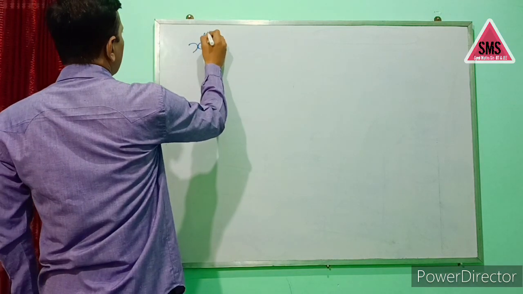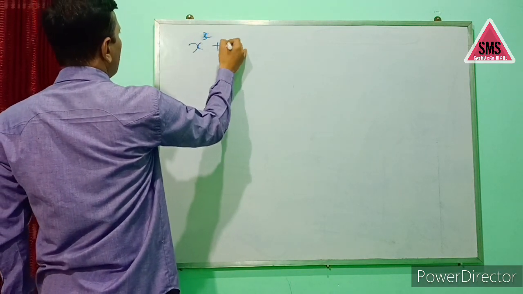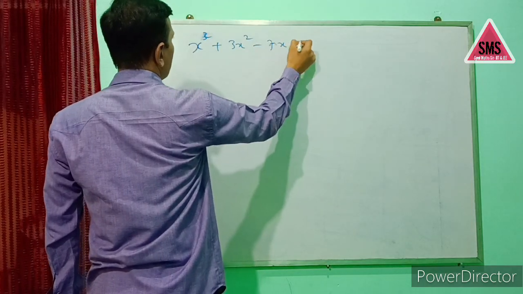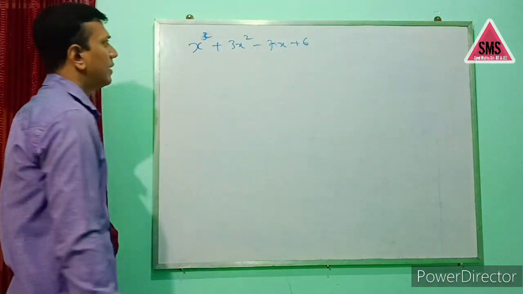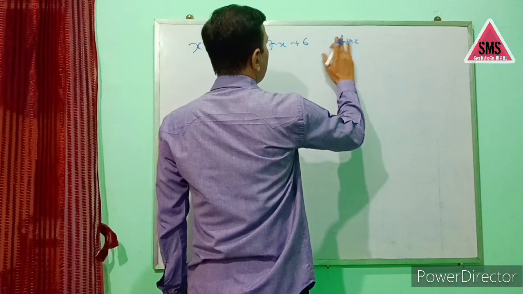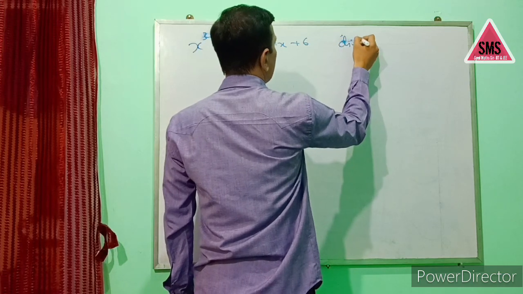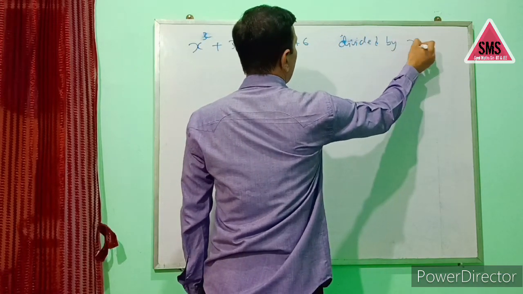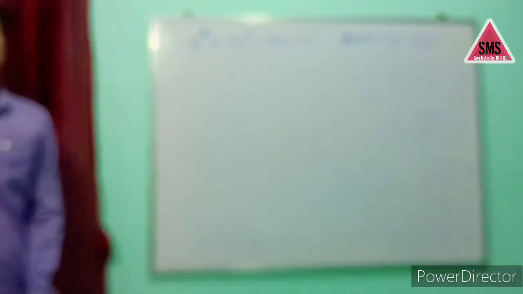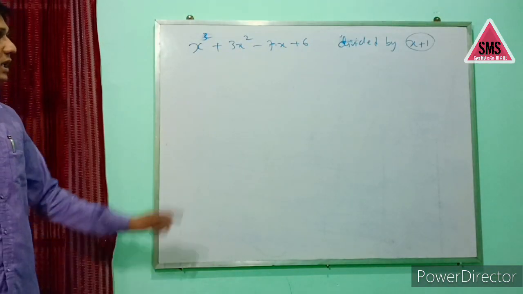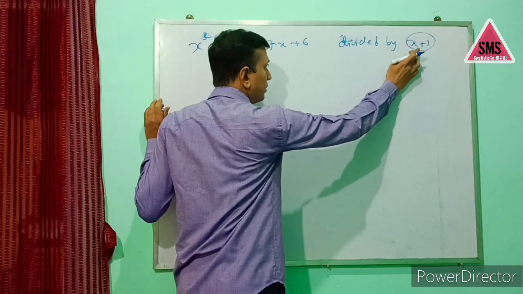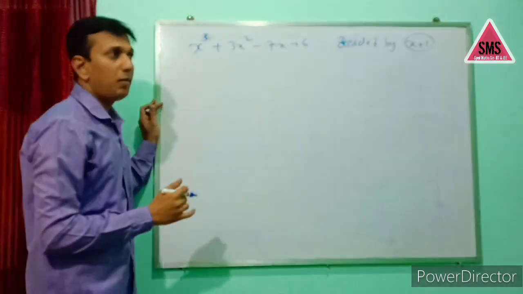Let us think that x cube plus 3x square minus 7x plus 6 is the given polynomial. It is divided by x plus 1. Then what will be the remainder? This is the question. What is the meaning of dividing by x plus 1? The x value is going to be minus 1.